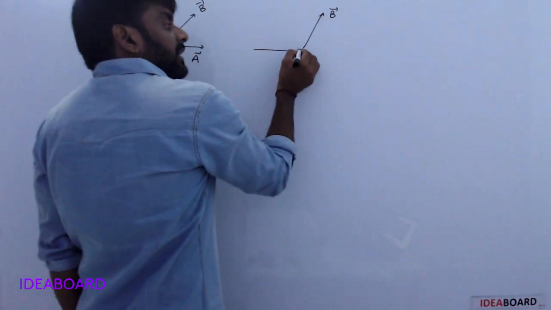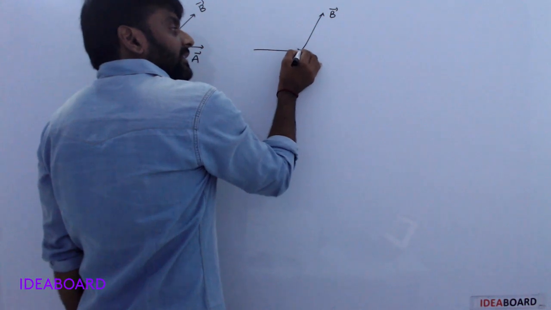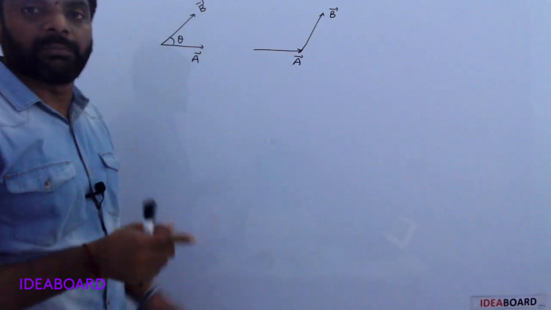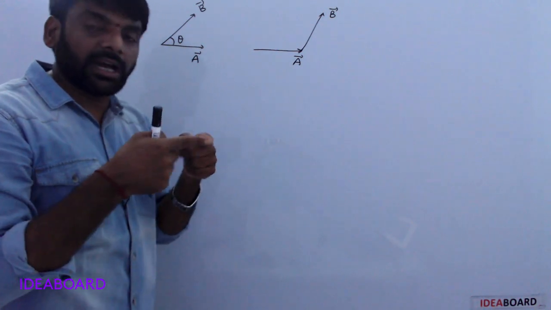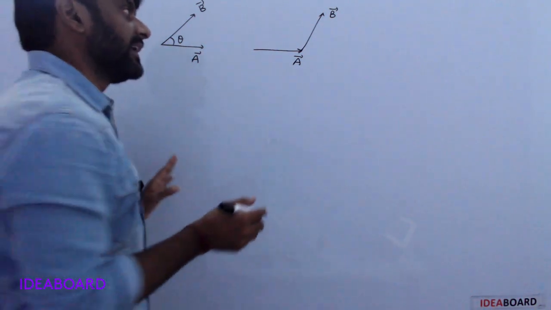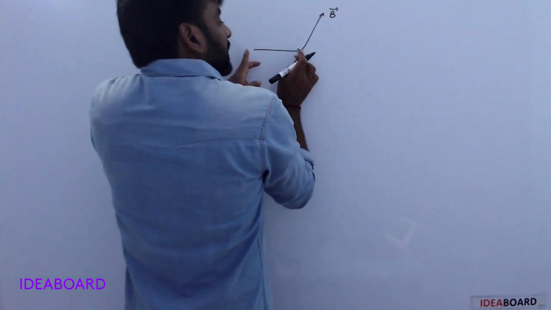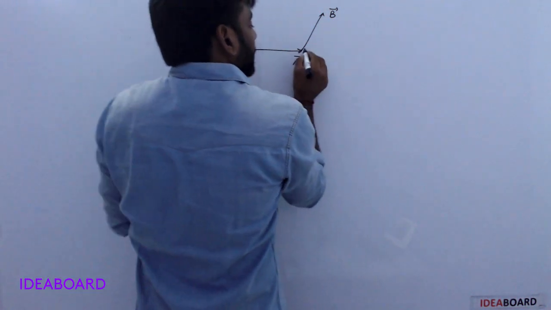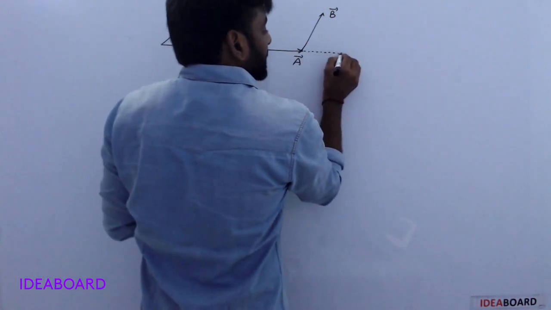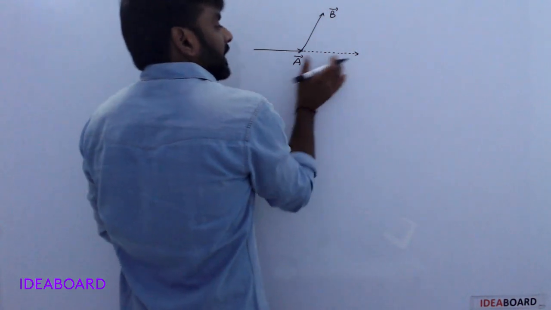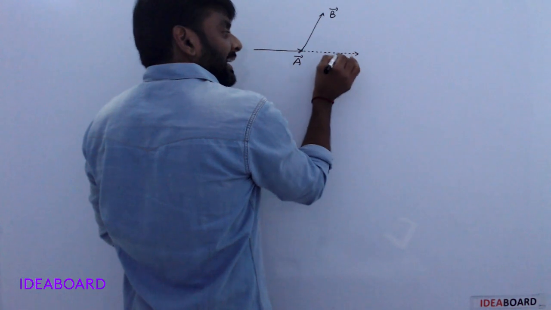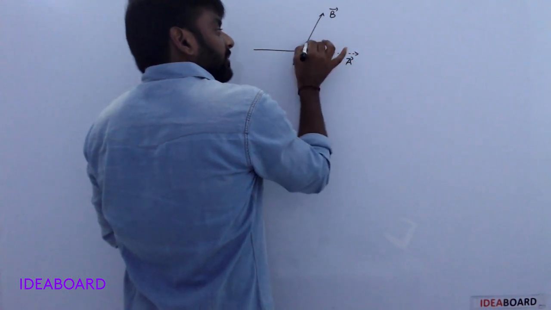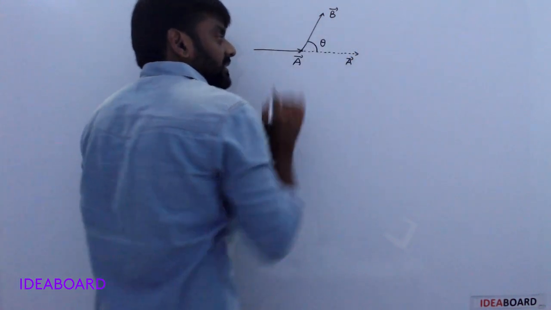See here, this is the tail, this one is the head. But according to the definition, it must be tail to tail or head to head. In these cases, first of all, draw the parallel vector of this one here, that means extend this one. This is also a parallel, equal vector, the extended one. This is the angle between the vectors.